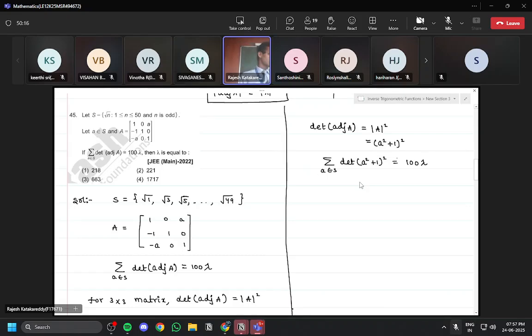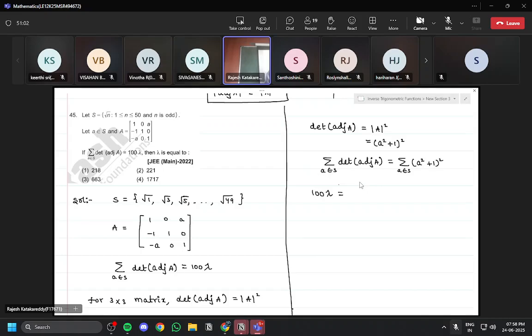So a is from set S. a can be root 1. One moment. (a square plus 1) whole squared. Now it is perfect, I guess. Left hand side is 100 lambda, equal to the right hand side. The values of a are from set S: root 1, root 3, root 5 and so on, up to root 49.